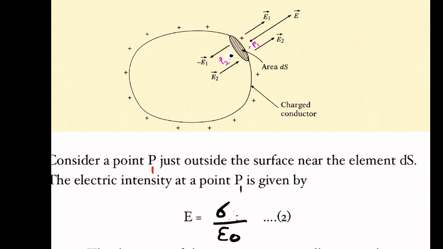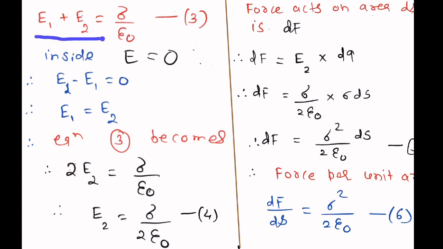Now this E1 and E2 must be opposite for maintaining net field equal to 0. E is a summation of E1 plus E2. Therefore E1 plus E2 equals sigma by epsilon naught. But inside point net field is 0. Therefore E2 minus E1 equals 0. Then we get E1 equal to E2.